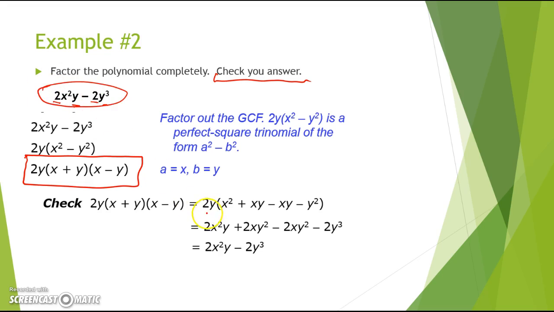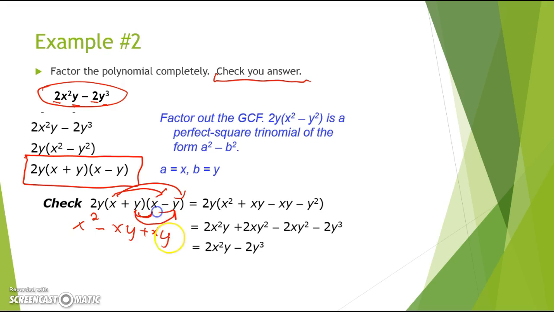So notice what they've done here is they took 2y, parenthesis, x plus y, so it's x squared plus xy minus y squared. How did they get that? Well, they foiled. That x times x is x squared. X times y is minus xy. Y times x is plus xy.